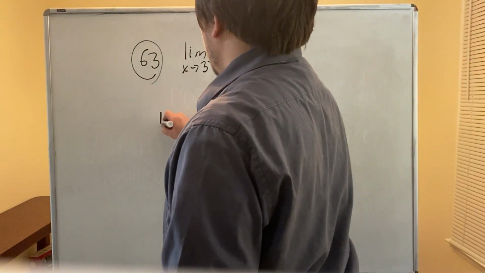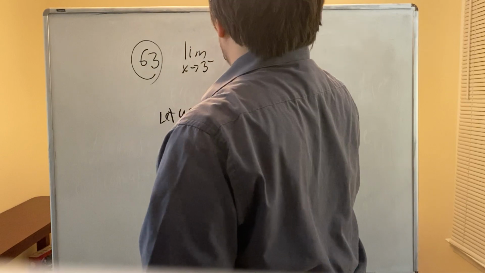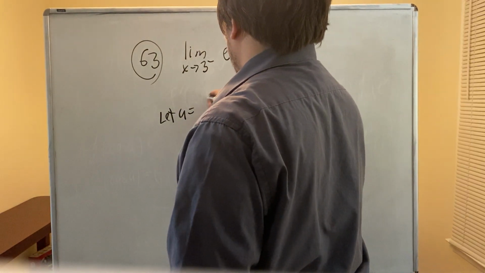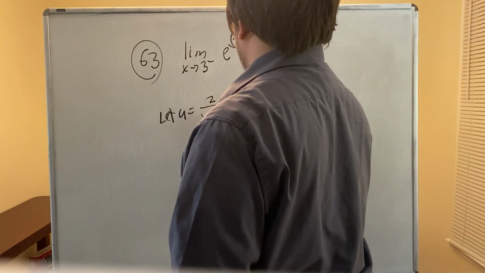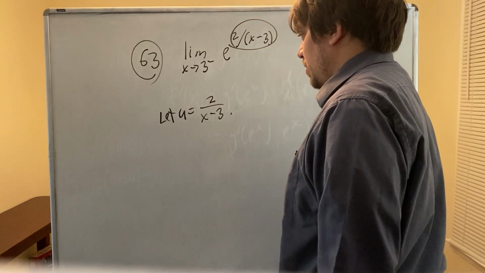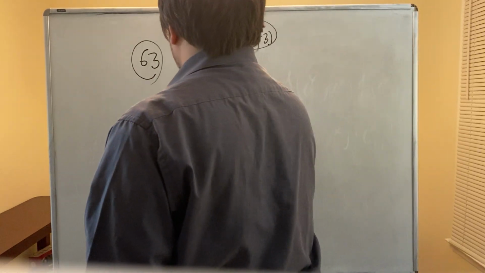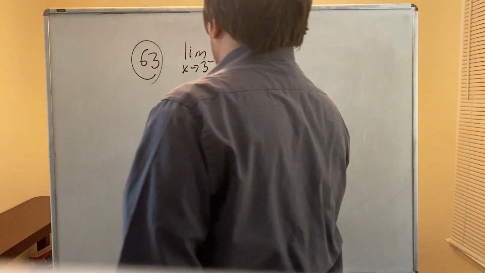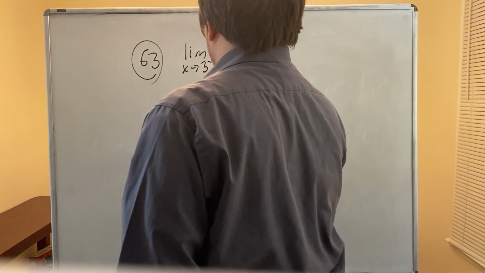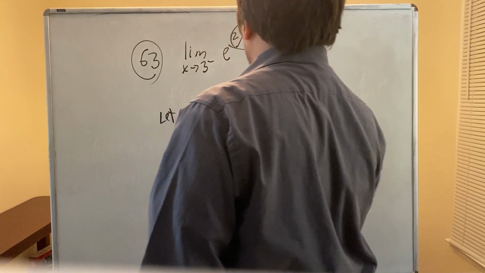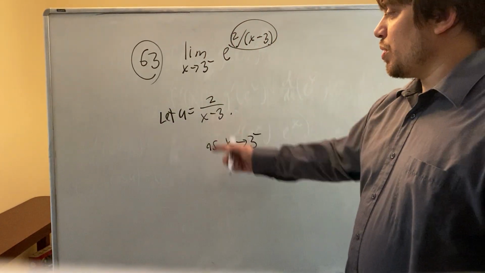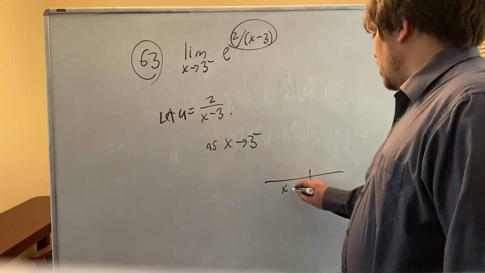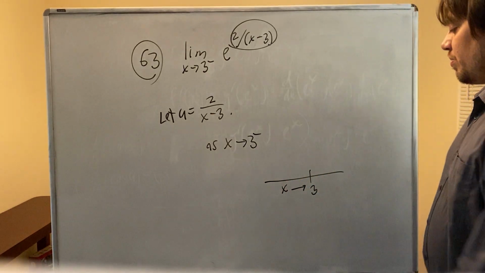I'm going to let u equal 2 over x minus 3, the exponent of e. So as x approaches 3 from the left, here's 3, and here's x, approaching 3 from the left.